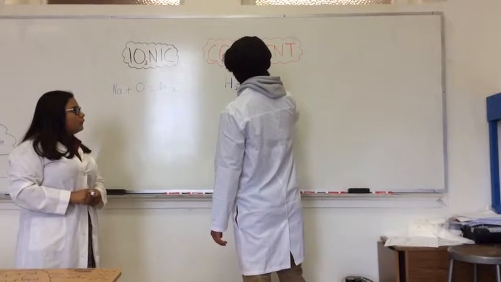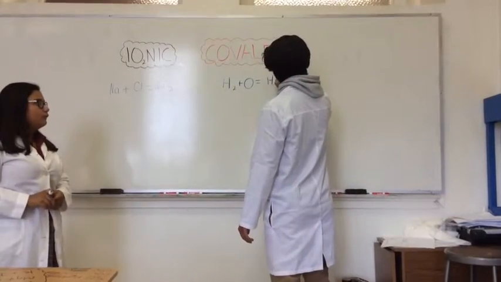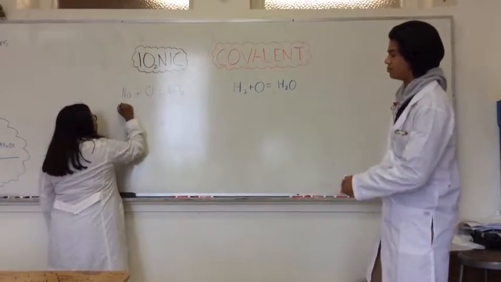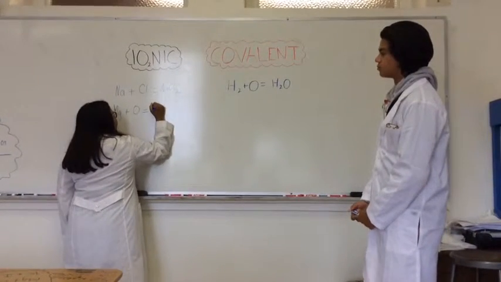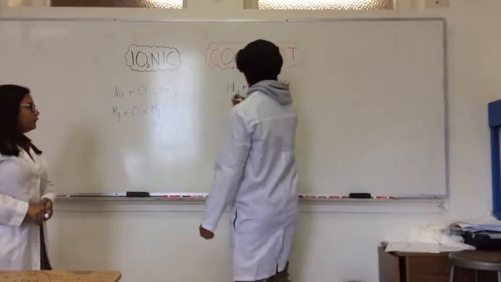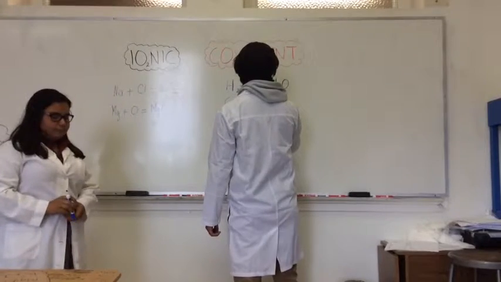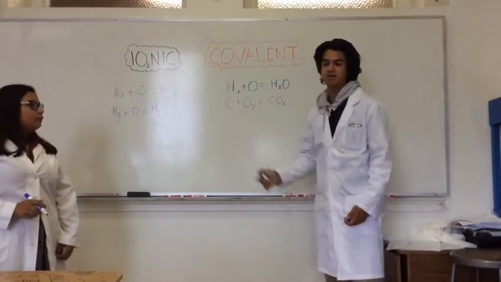H2 plus O will give me liquid water, which is H2O. If I take magnesium, Mg, plus O, I get magnesium oxide. Take C plus O2 will give me CO2, which is carbon dioxide.